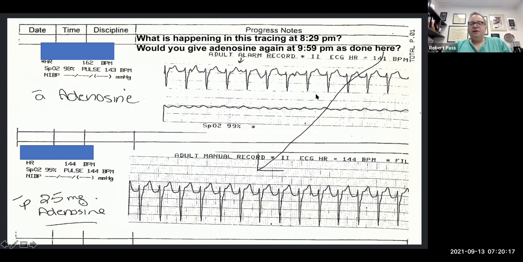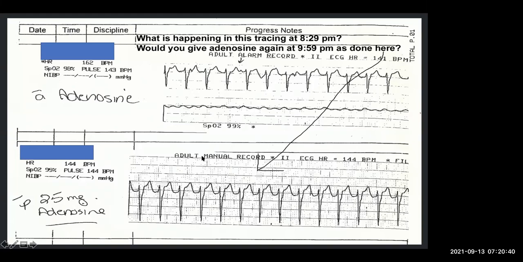So that's very, very good. When you have more V's than A's, dissociation from V's to A's, and persistence of the ventricular rhythm despite the administration of adenosine, then by definition, it must be either VT or JET. So did they need to give another 25 milligrams of adenosine an hour and a half later? No, because it didn't really do anything.